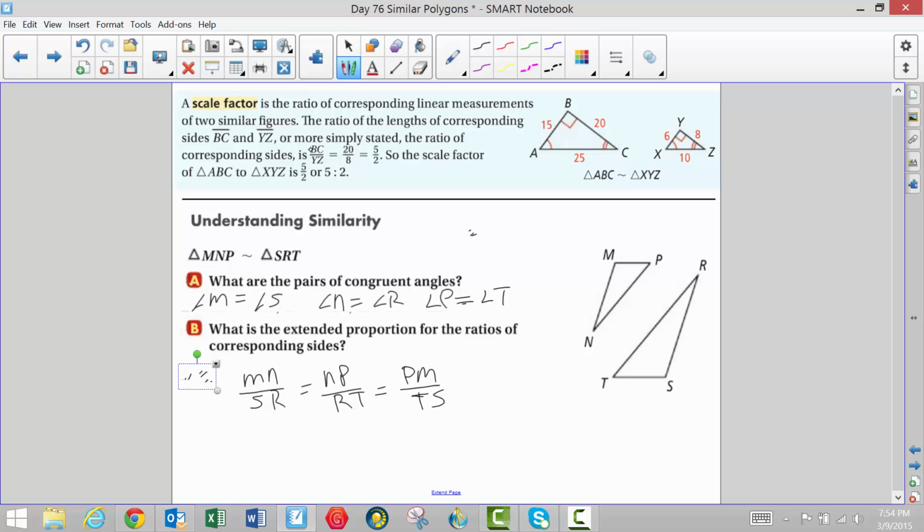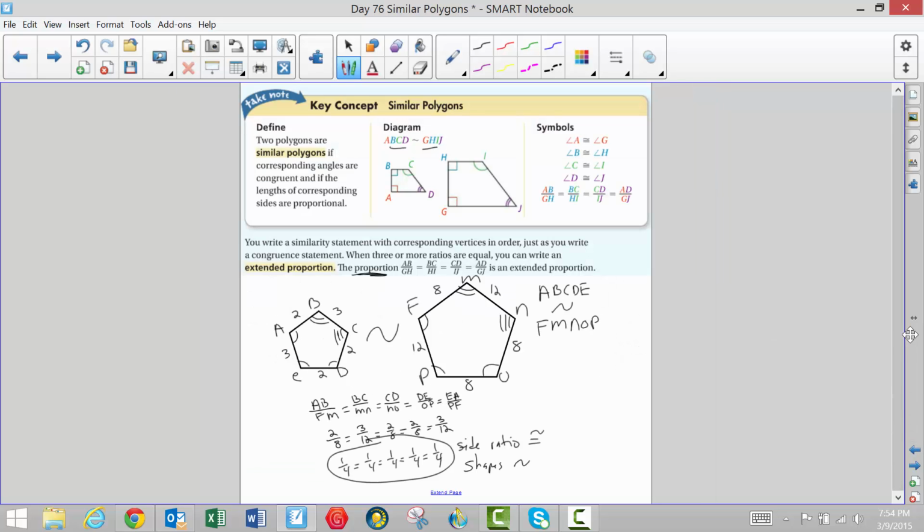Basically, once you know that all sides have the same ratio, that ratio is called your scale factor. So in my previous example, let's go back, all the ratios were 1/4. So these are also my scale factor.